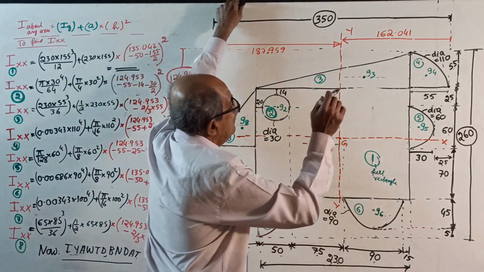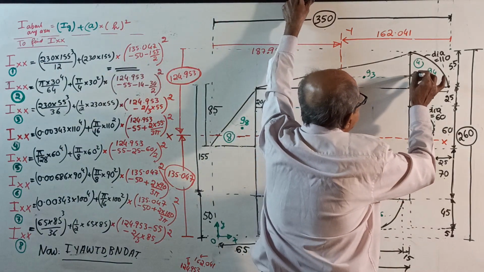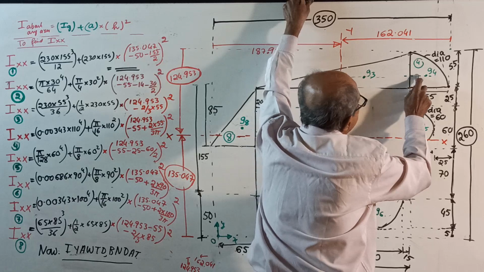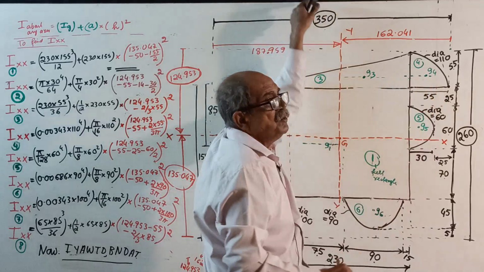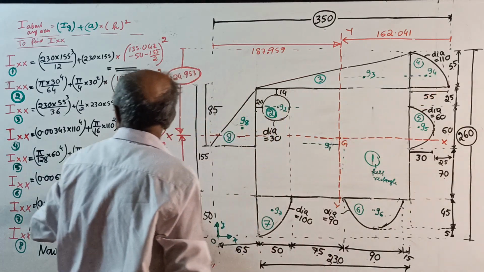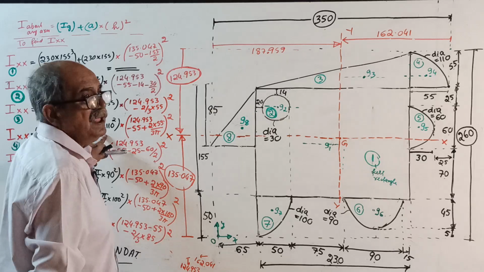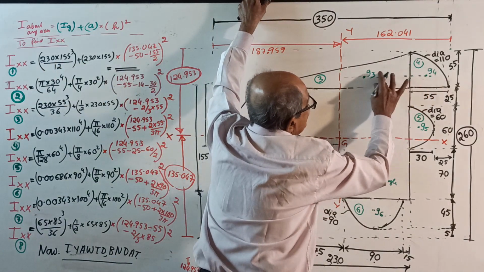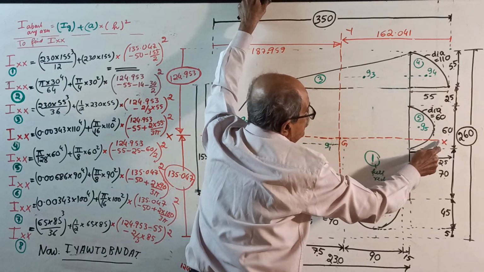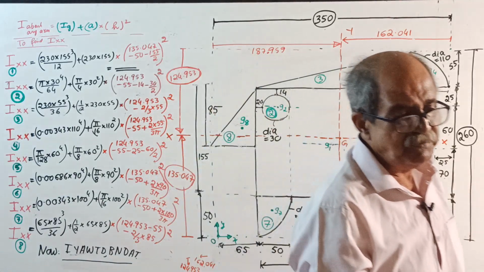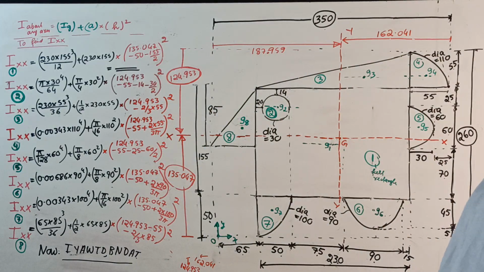Okay, fourth one, I about its own centroidal axis. These are the same, as I just now told: 0.00343 d^4 plus area π/16 d² into the distance from the centroid to the xx axis. See, this is very important now. This is where some people get confused. I will mark it now if you want to see.